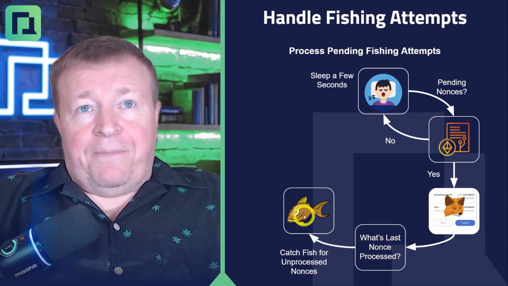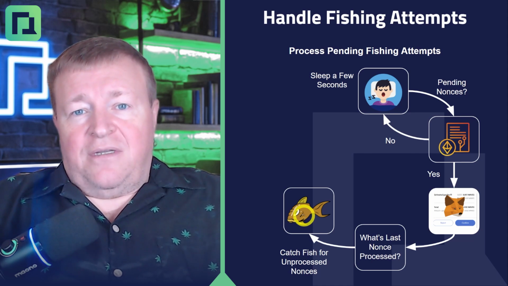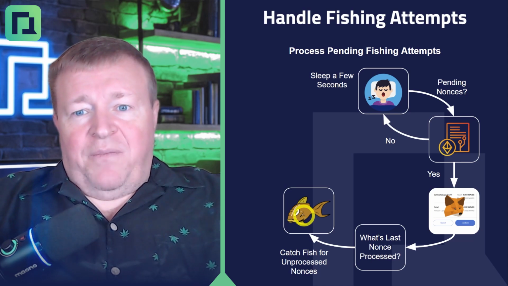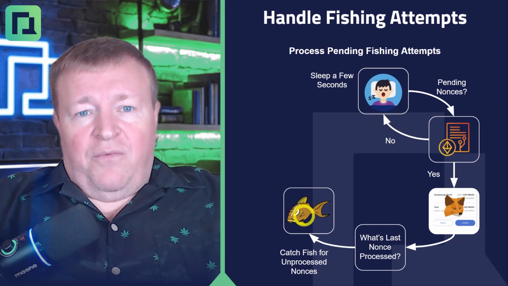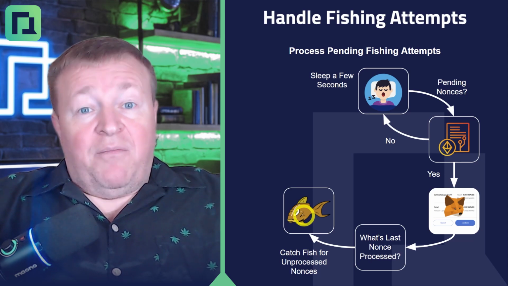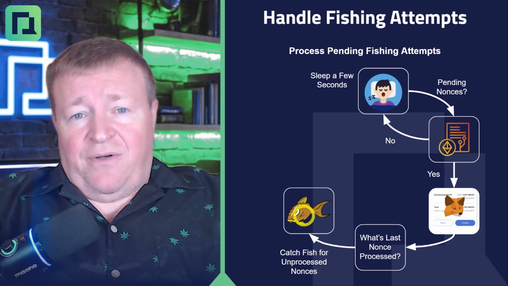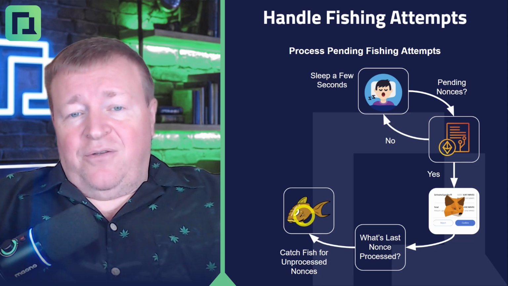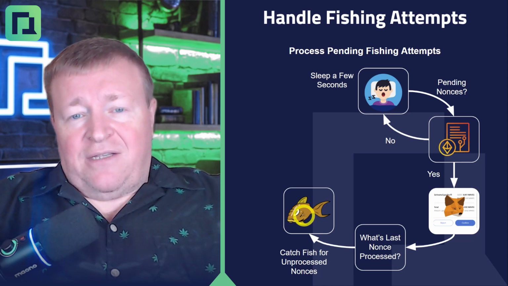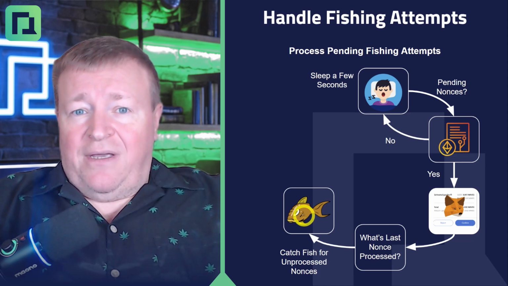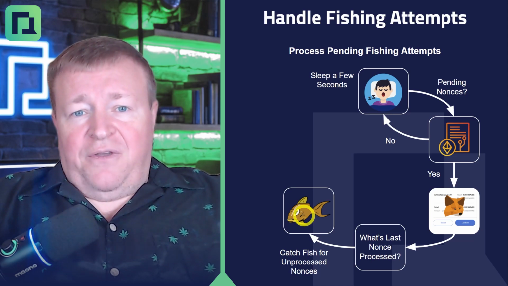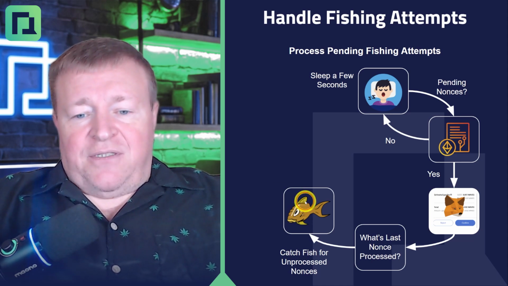This is key, because what this does is not only does it pick up any that were missed for whatever reason, but it also will process multiple nonces, multiple fishing attempts in a single transaction. Now that's huge because that's a gas saving, because we're paying for gas on the back end whenever we're submitting these transactions. So we can actually be more cost effective and more efficient. It's better for us in the long run.